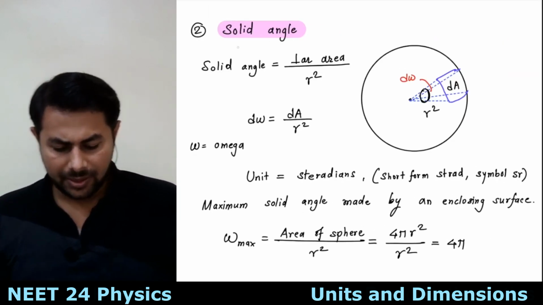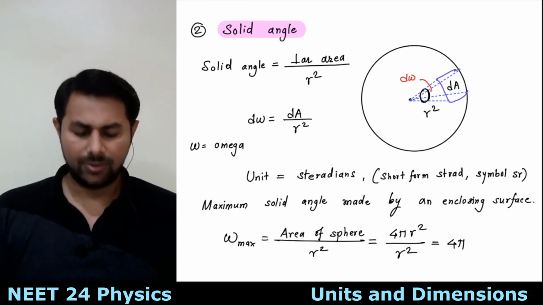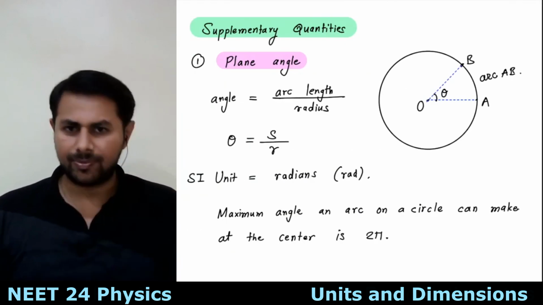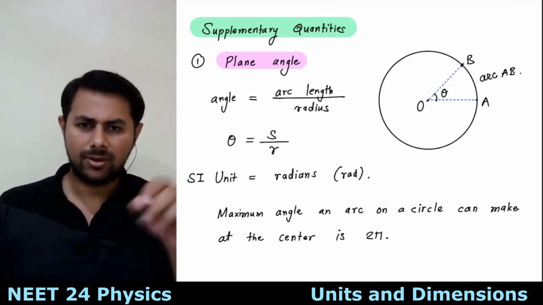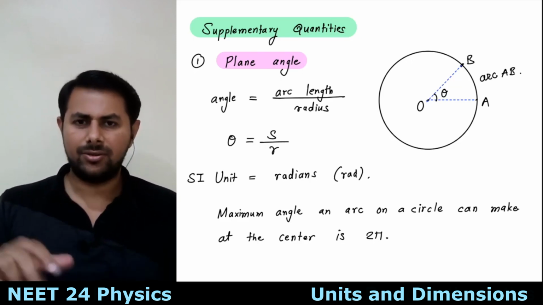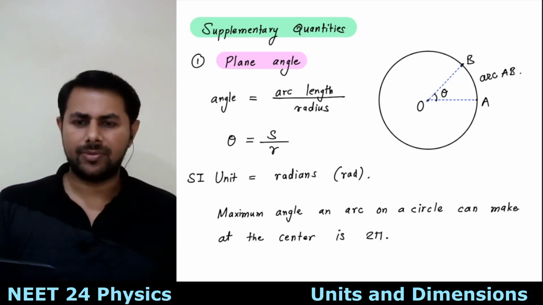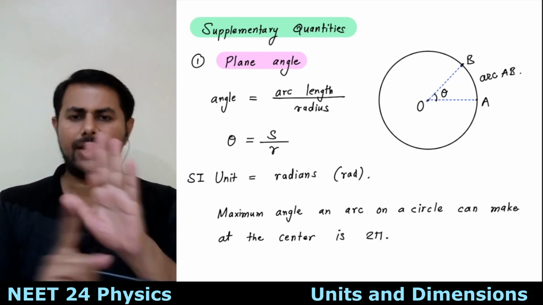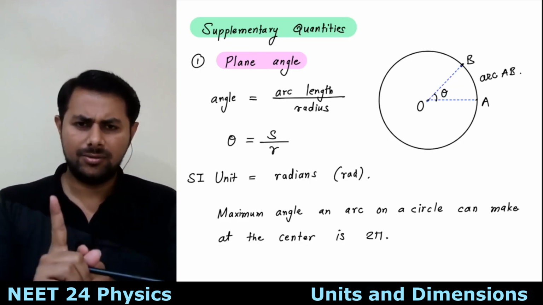All right, next one is the solid angle. The plane angle is the one which you can draw on a plane, right? Plane means a flat surface; you can draw that angle on a flat surface. So this is angle in 2D, 2 dimensions. Why 2D? Because to think about any flat surface, you need an x-axis and a y-axis, right?